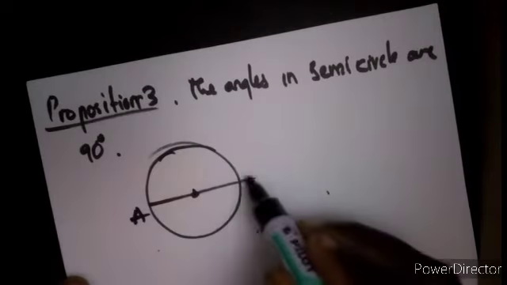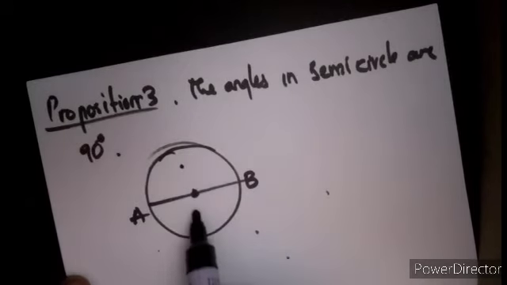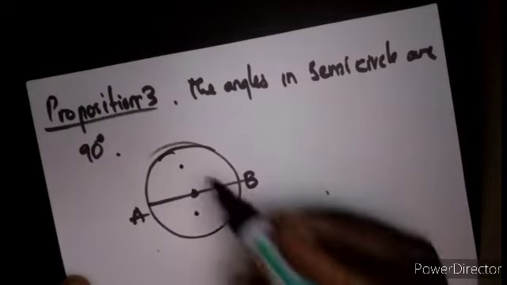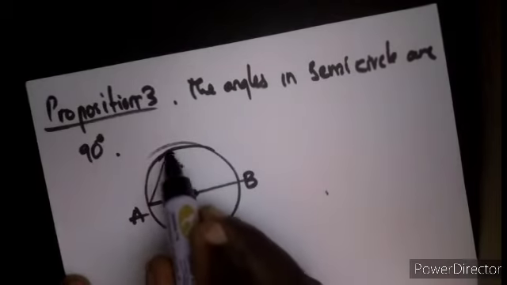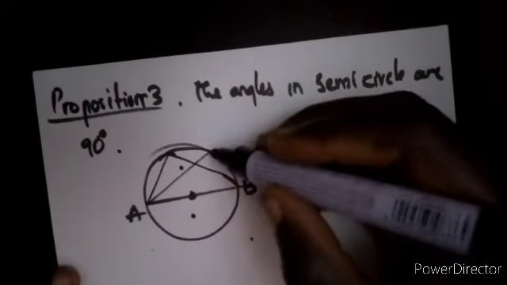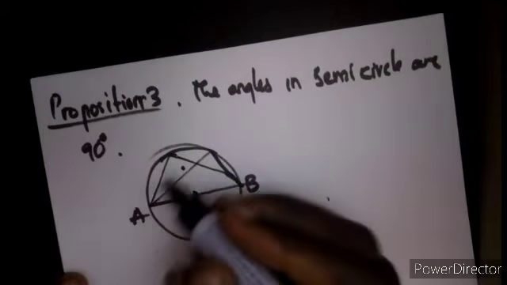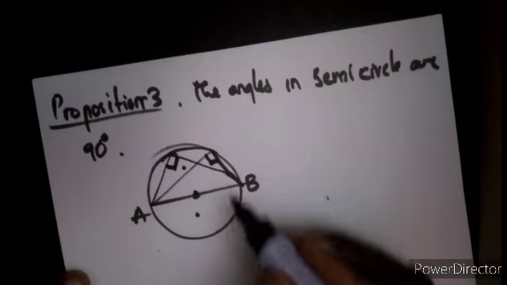We call this AB. So clearly this is a semicircle, this is another semicircle, and we are saying that this angle here or this one, they are all 90 degrees.